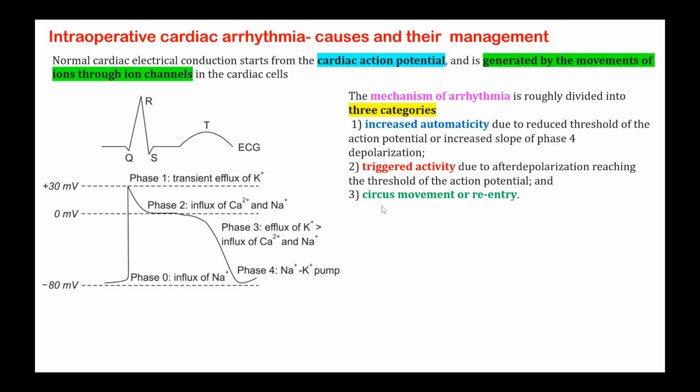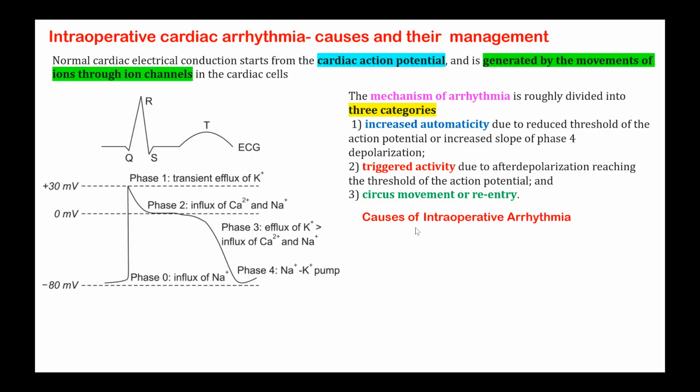And the third mechanism is circus movement or re-entry. So these are the three mechanisms of arrhythmia occurrence.